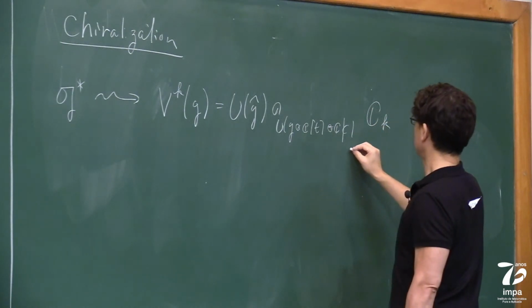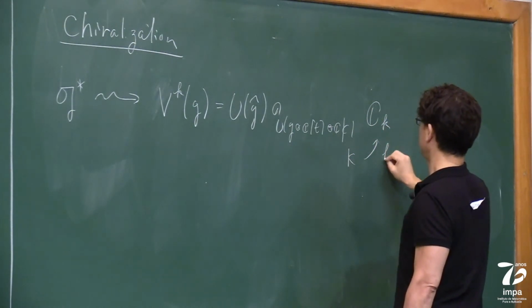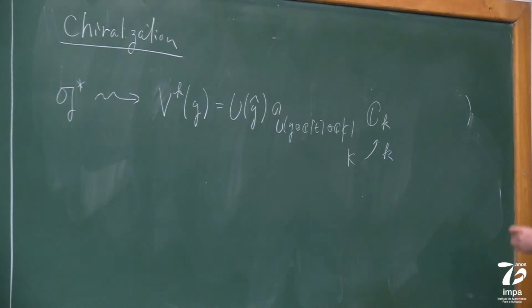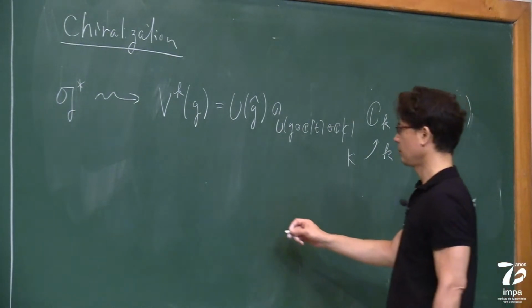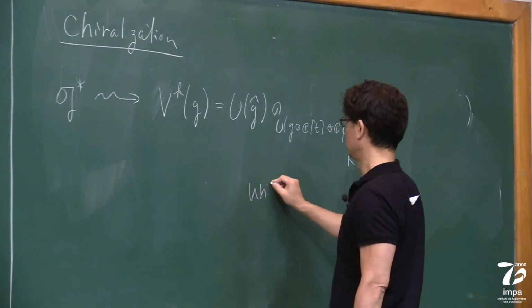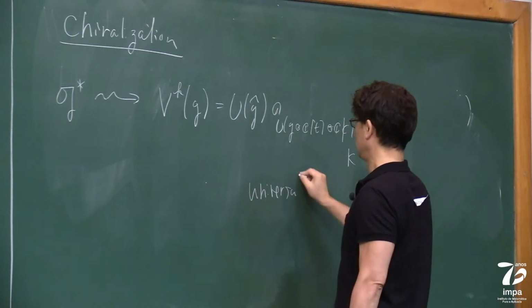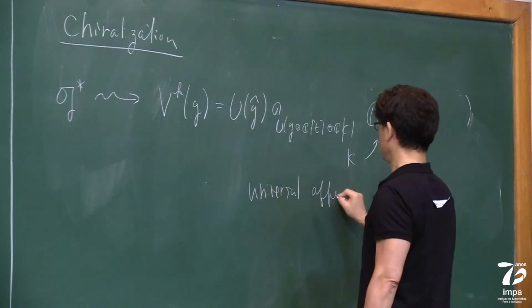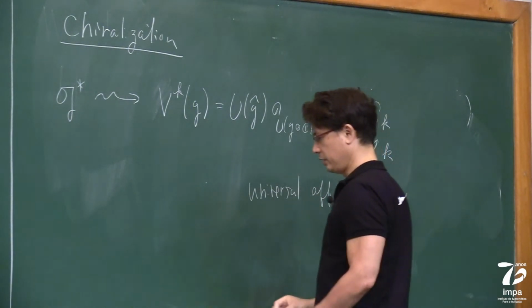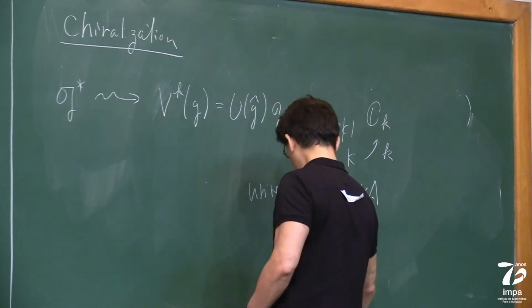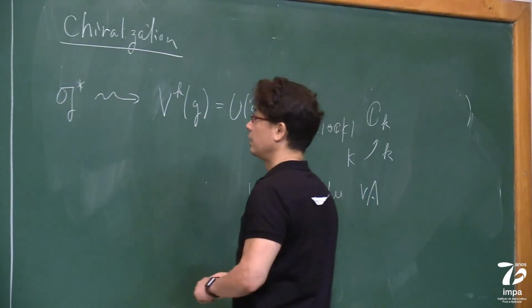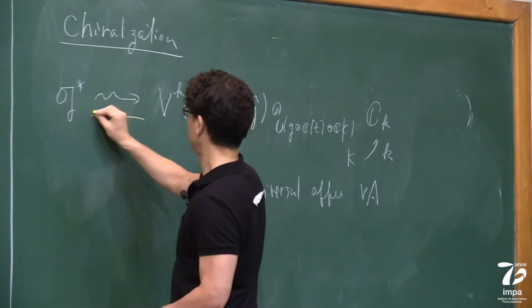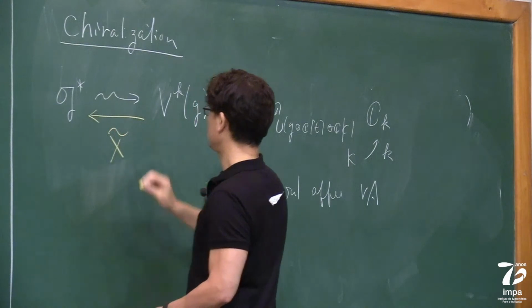Here, K acts as K and other elements act as 0. So this is the universal affine vertex algebra, and this indeed gives the G star when you take the associated scheme.